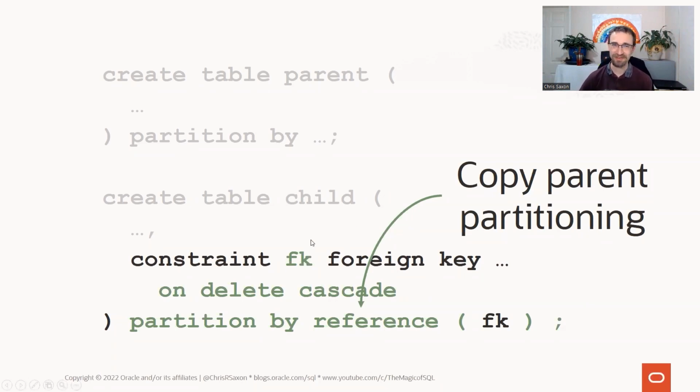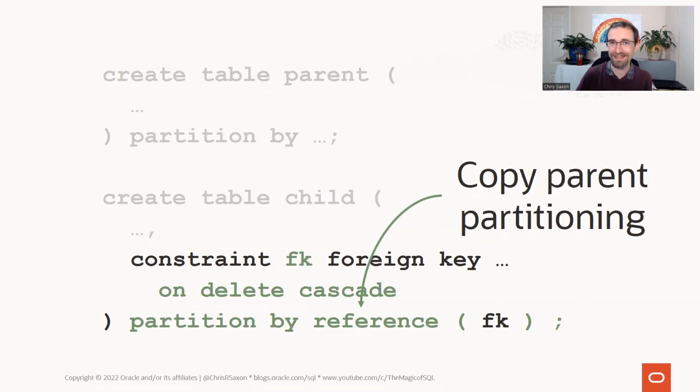For the purposes of archival and deletion, note we will need the on delete cascade option for the foreign key. It's not something you typically want, because typically you don't want to worry about deleting a row in your parent and a whole bunch of stuff disappearing on you. But in this case, we need it.